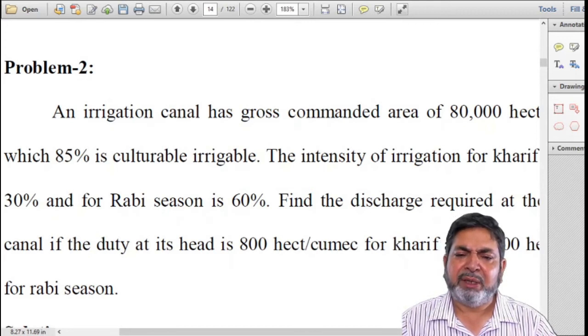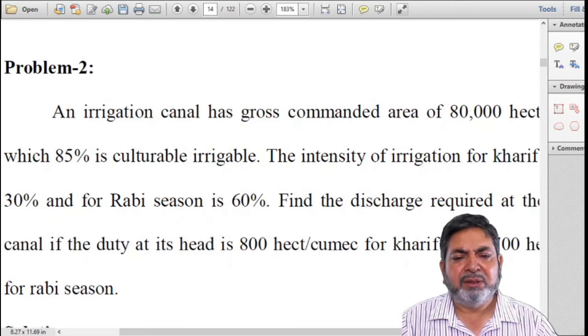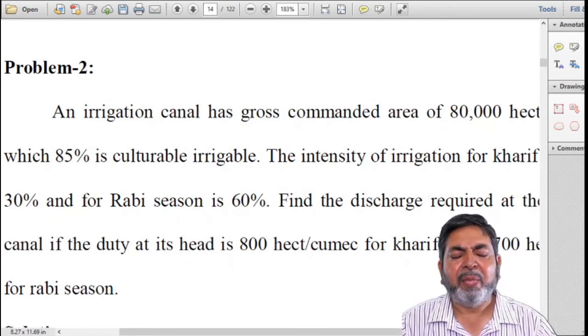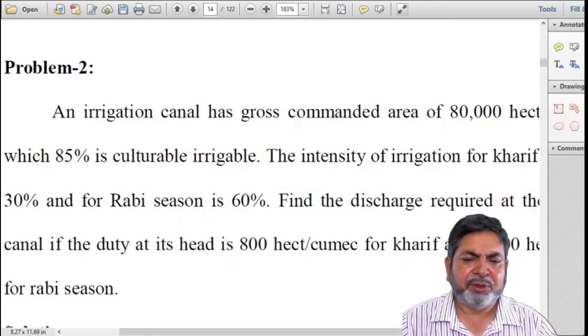As you know, it contains the area which is cultivable, means on which you can perform the agricultural operations satisfactorily, and also the area which is barren land or unculturable area, where irrigation or agriculture is not possible. So out of this GCA 80,000 hectares, 85% area is irrigable and culturable, means on 85% of the area you can perform the agricultural operation satisfactorily.